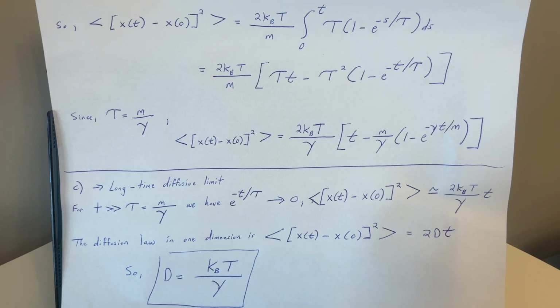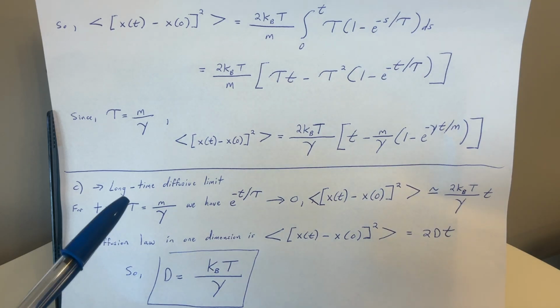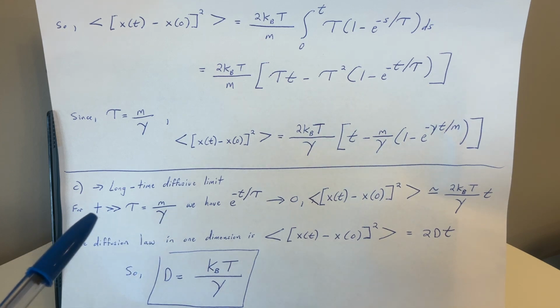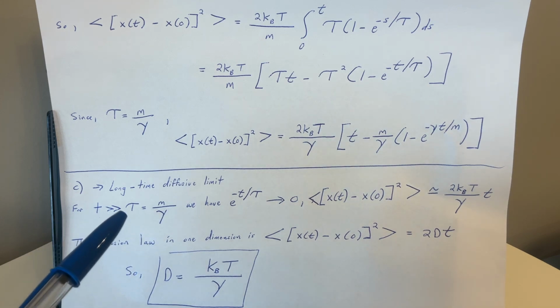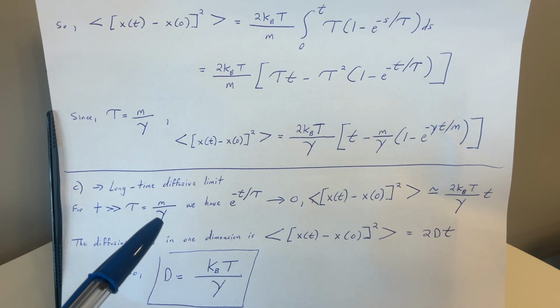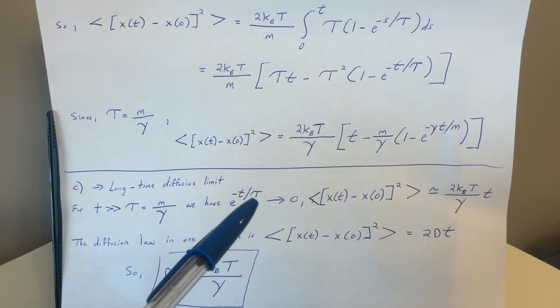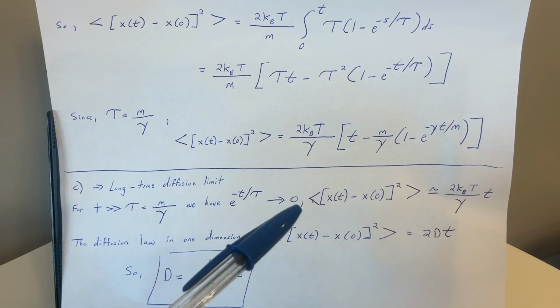For letter C, they want us to show explicitly that in the long time limit, the system approaches diffusive behavior. So for part C, long time diffusive limit. For t much greater than tau equals m over gamma, we have e to the negative t over tau approaching 0.